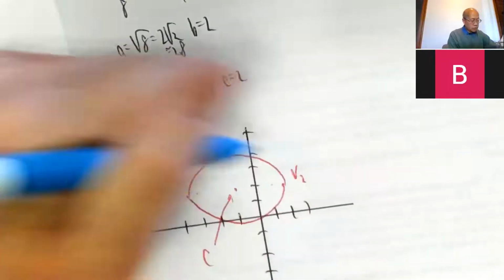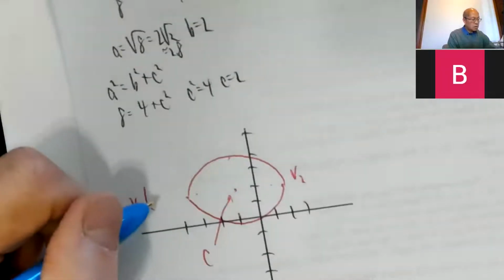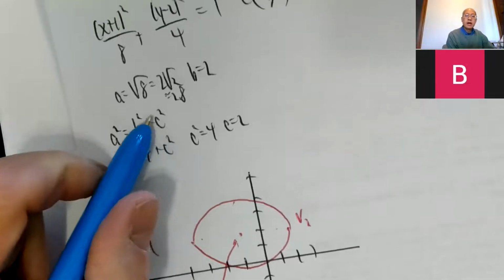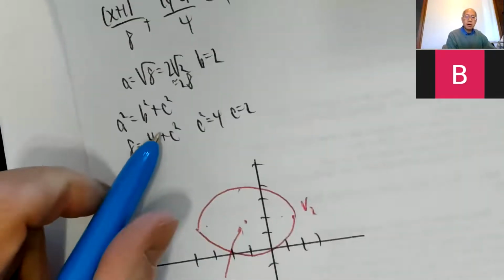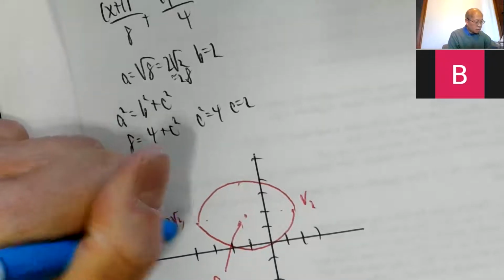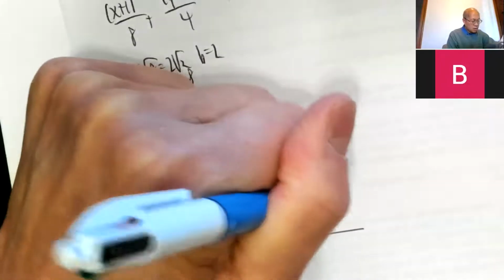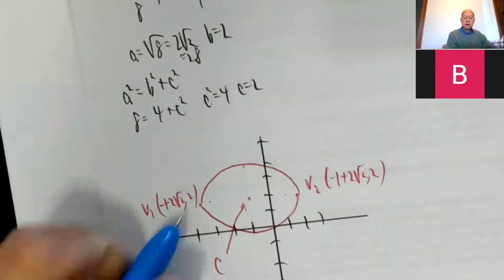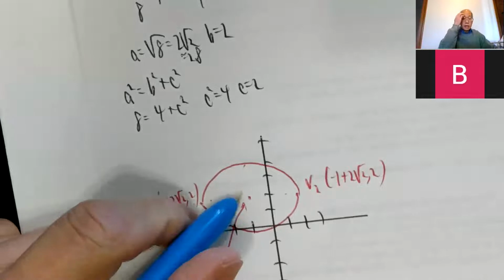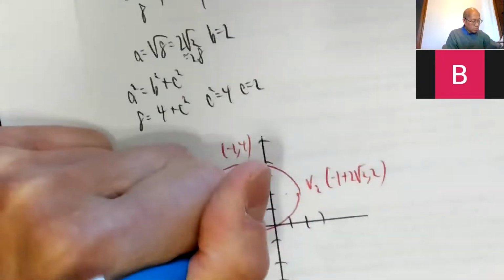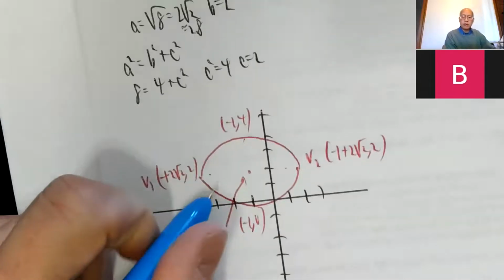Vertex 1, vertex 2. So I'm at -1, and I back up 2 radical 2. So -1 minus 2 radical 2, comma 2. -1 plus 2 radical 2, comma 2. And I go up 2. That gives me -1, 4. Go down -1, 0. And we don't call them anything.